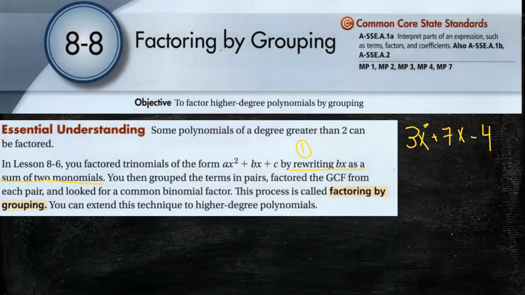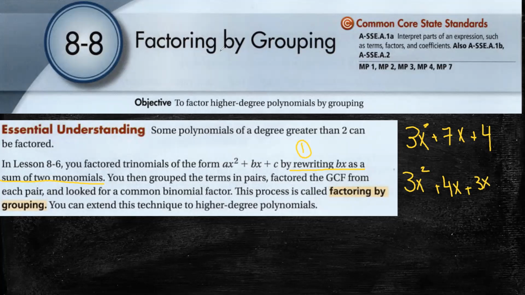Yes, like this. If you have 3x squared plus 7x minus 4, the first step, where's bx? It is 7x. We rewrite bx as a sum of two monomials. So what did we say? It's 3x squared plus, from 3 times 4, which is 12, we write the factors of 12 that if you add them, you get positive 7, which is positive 4 plus 3x.